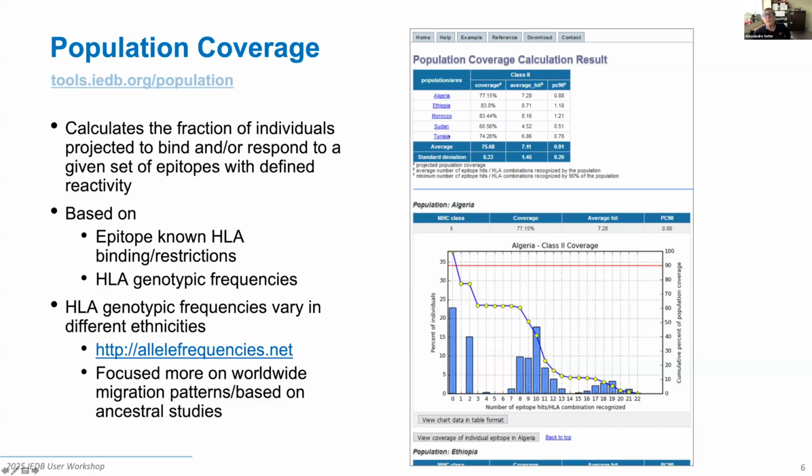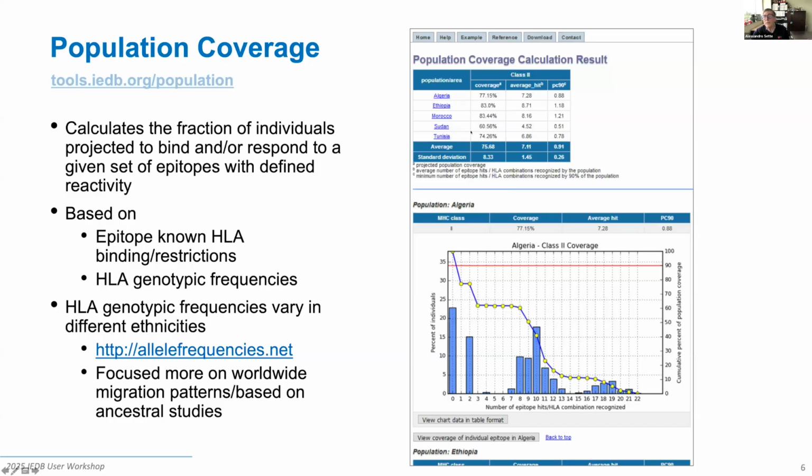But regardless, what the tool does, for example, if you select a bunch of different population areas, is calculate the coverage defined by those particular peptides, meaning what fraction of the population binds at least one.